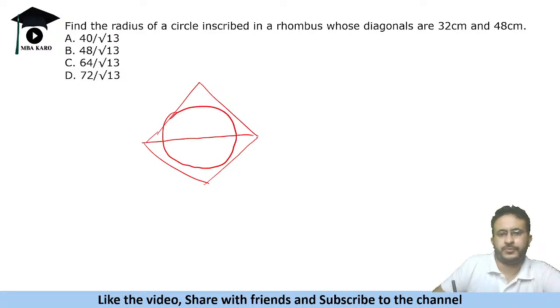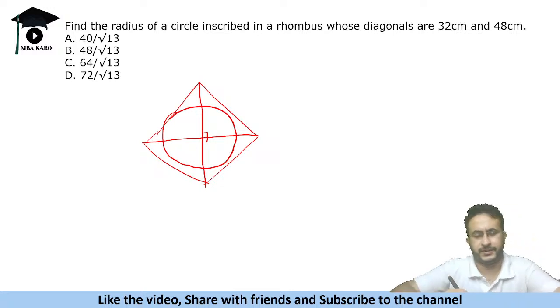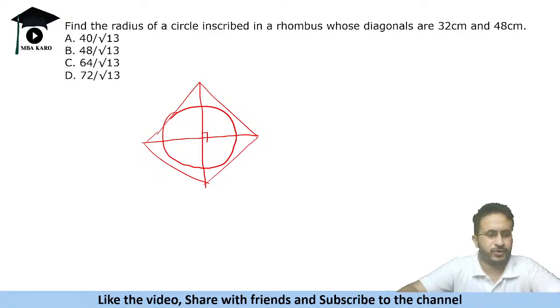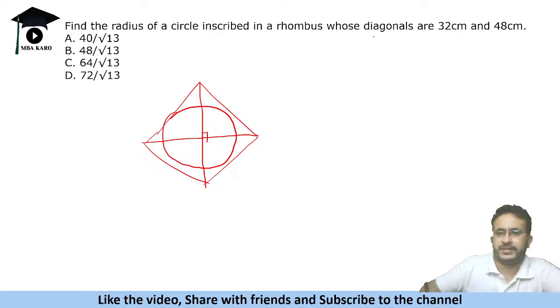The property of a rhombus is that the diagonals are perpendicular bisectors of each other. So diagonals are 32 and 48, so half of them are 16 and 24. Let us say this part is 16 and this part is 24.